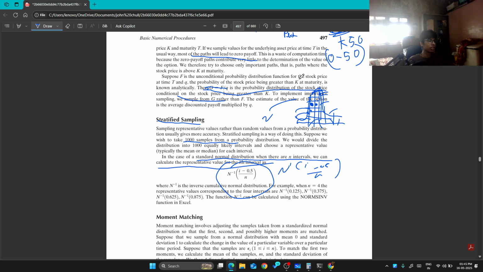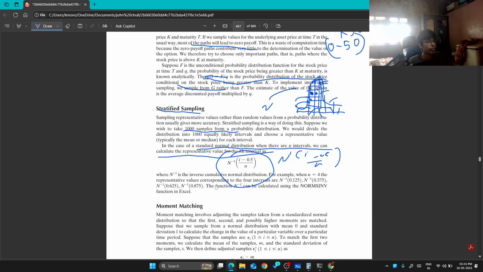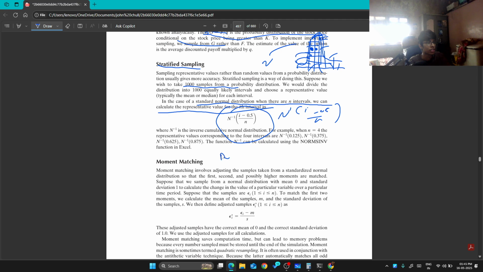And moment matching, this is a very important method, and we really use it. There are four moments, right? First is mean, second is variance, third is skewness, fourth is kurtosis.